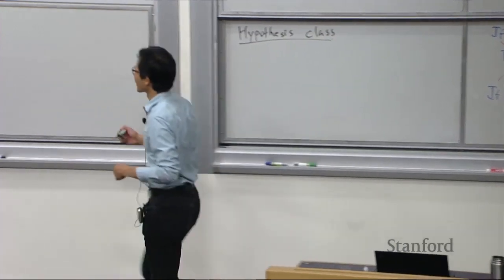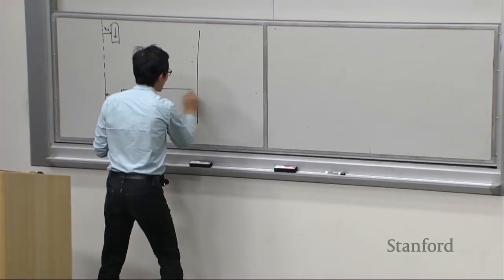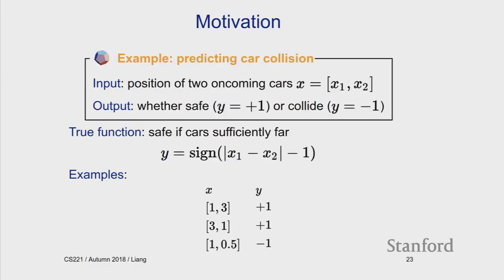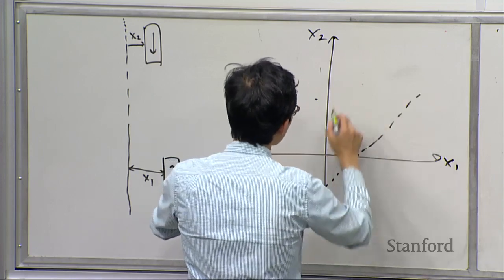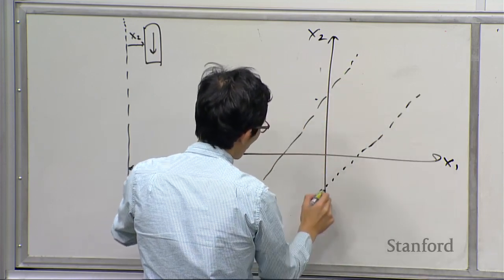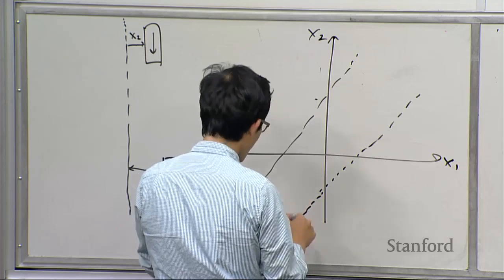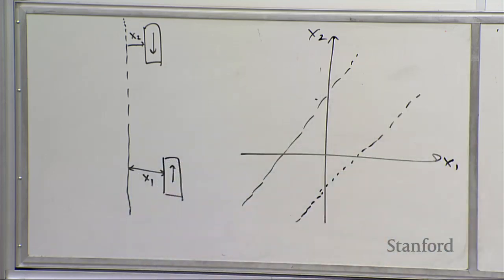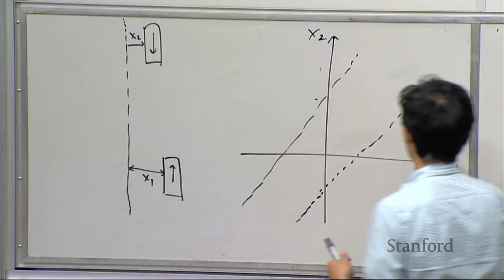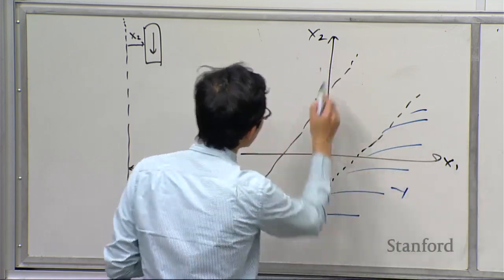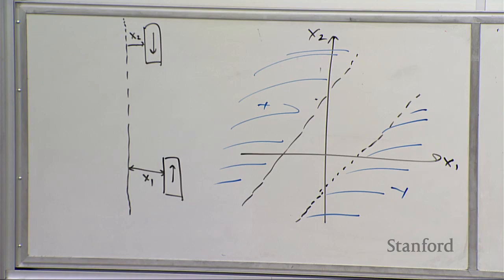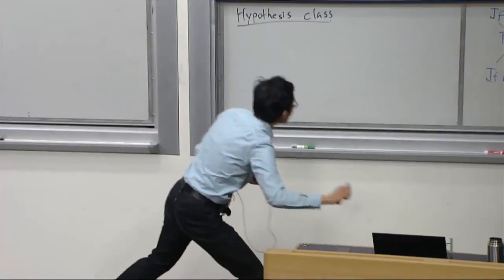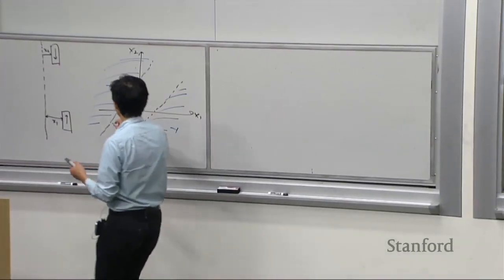Just to show what this looks like, right? So x1 and x2, and what does the decision boundary look like? This region is going to be plus, because x1 and x2 are far, and the middle region is going to be minus.